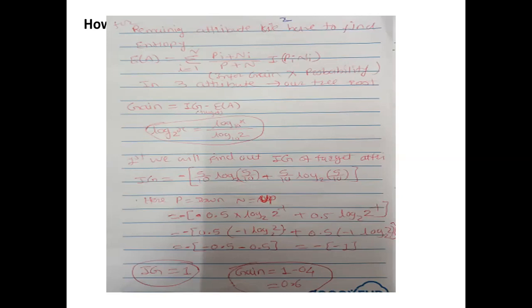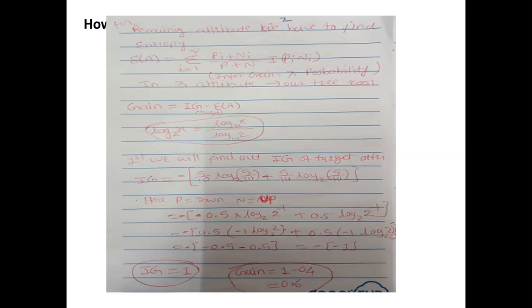After finding the entropy of each and every attribute present, we have to find the gain of that attribute also. To find the gain of a particular attribute, the formula is: gain is equal to the information gain minus the entropy of that particular attribute.